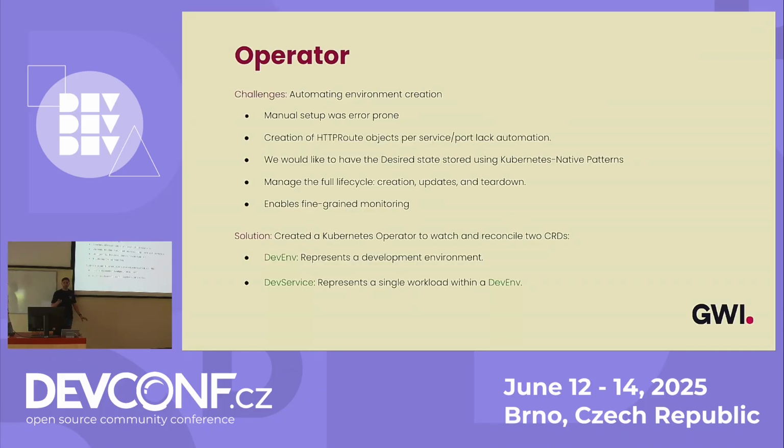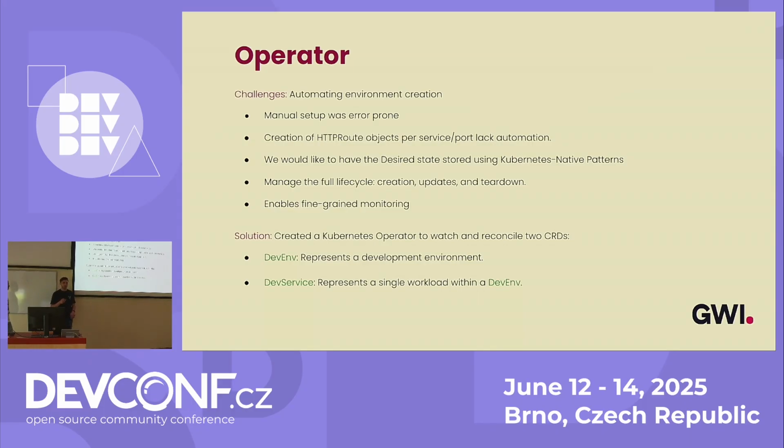We were able to deploy everything by hand by then, with success or without success, because this part was very error prone. And we thought, okay, we should add automation. We should be able to describe what we want in a Kubernetes native pattern. We would like to describe it as an object with statuses and be able to monitor it.